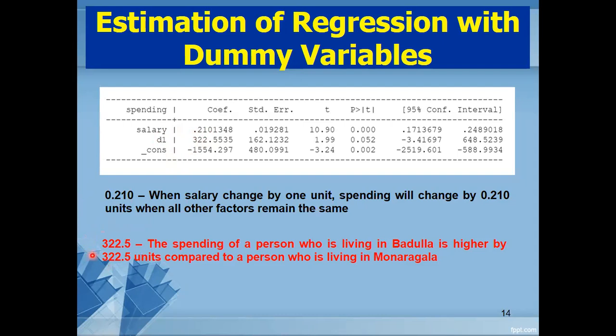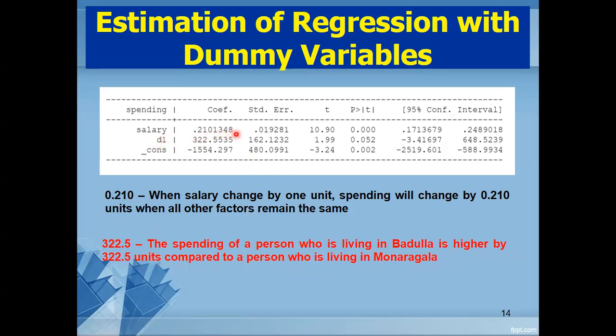This is the way we can interpret the estimated coefficient of the dummy variable. These points are very important, so you should pay special attention to this interpretation. The spending of a person who is living in Badulla is higher by 322.5 units compared to a person who is living in Monragala.